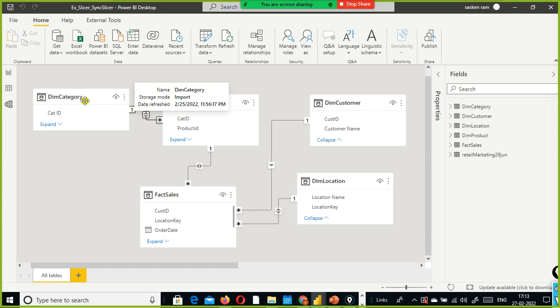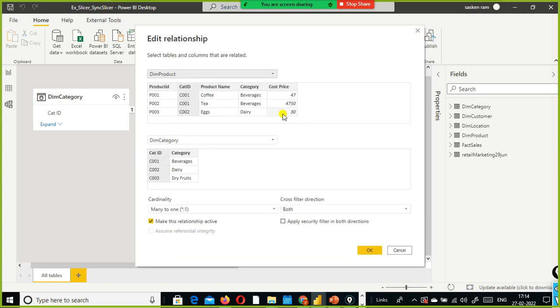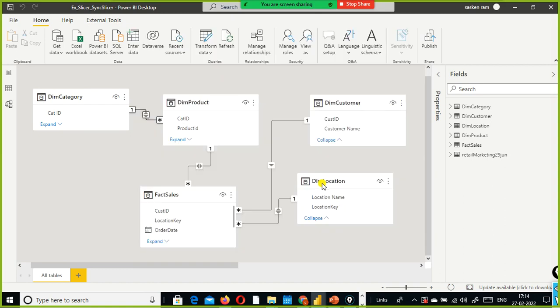It is not flowing back from product to category, because one category can have many products. A single product cannot have multiple categories. That is what one to many means in this case. So in that case, the product dimension cannot filter the category dimension.